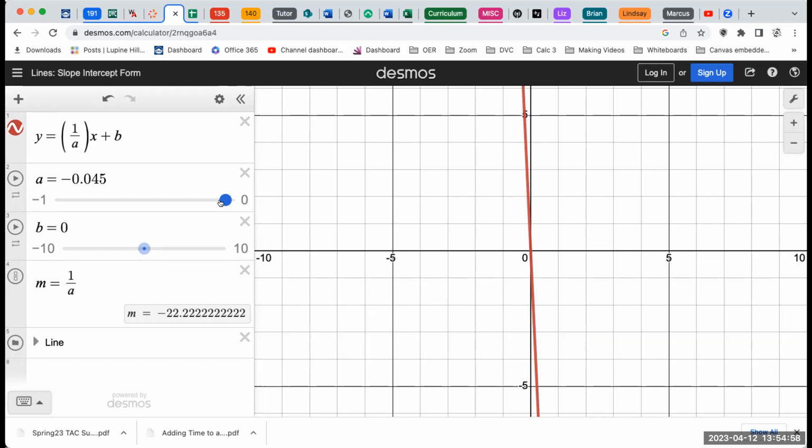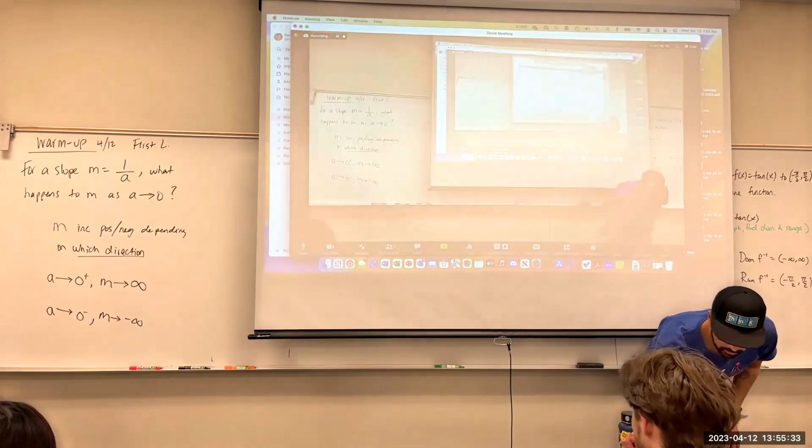Versus if you're approaching 0 from negative values, the slope also gets really big, but in the negative sense. So whenever something's approaching 0, and you have a fraction where the numerator is some number but the denominator starts to get smaller, you have to be careful of how it's getting small, because it'll either get really big or really negative. Okay. Let me stop sharing.